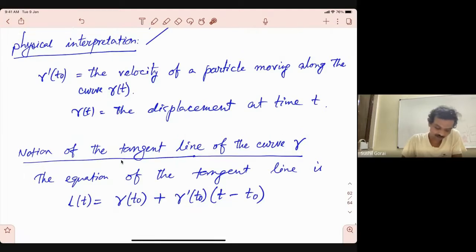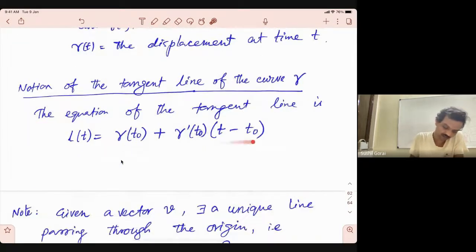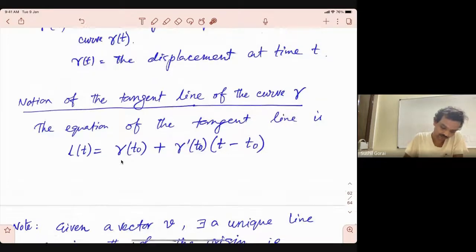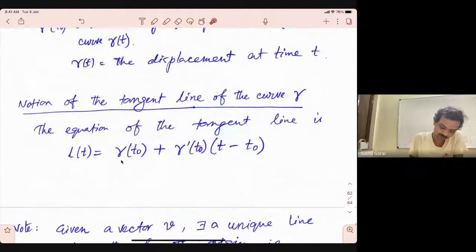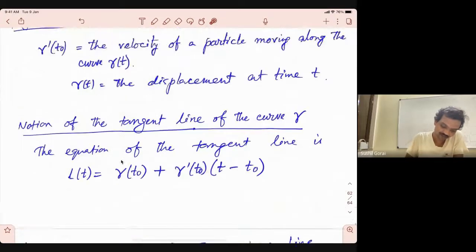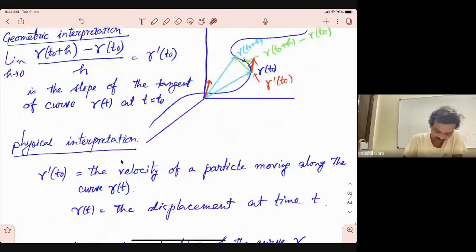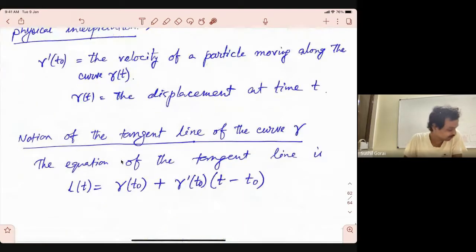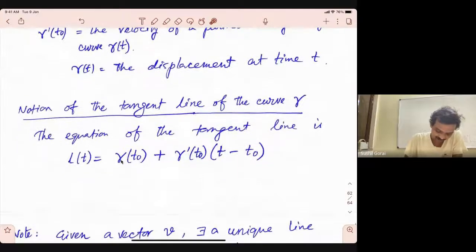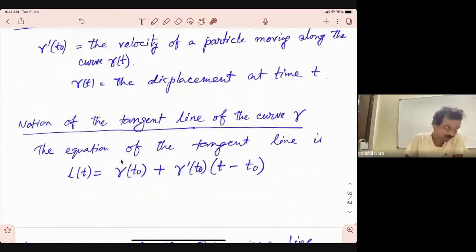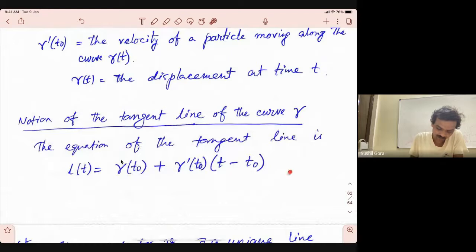So this is how you actually get the tangent line. The point is you don't use slope now, but something called direction, either direction cosines or direction ratios. But the easiest way to look at it is this one.